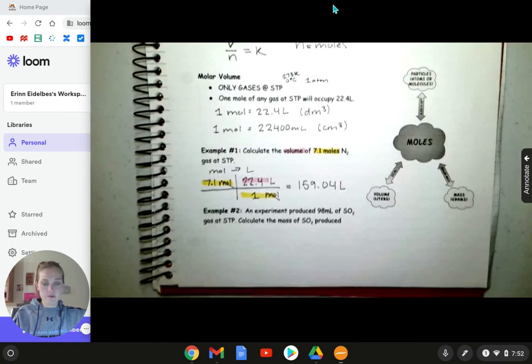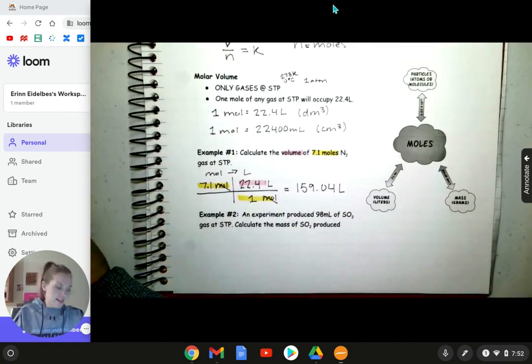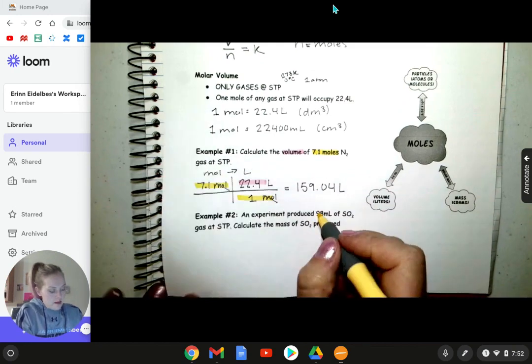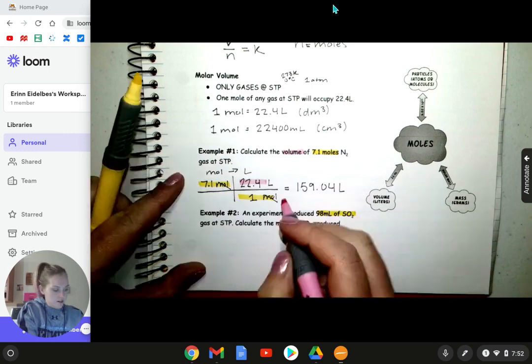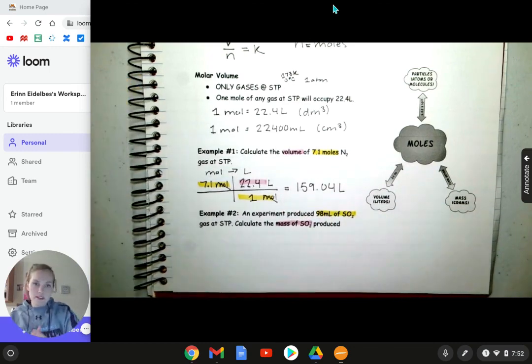The next one we have is an experiment produced 98 milliliters of SO2 gas at STP. We want to calculate the mass of SO2 produced. I'm trying to find the mass. This is an extra step. Where I'm starting is in yellow.